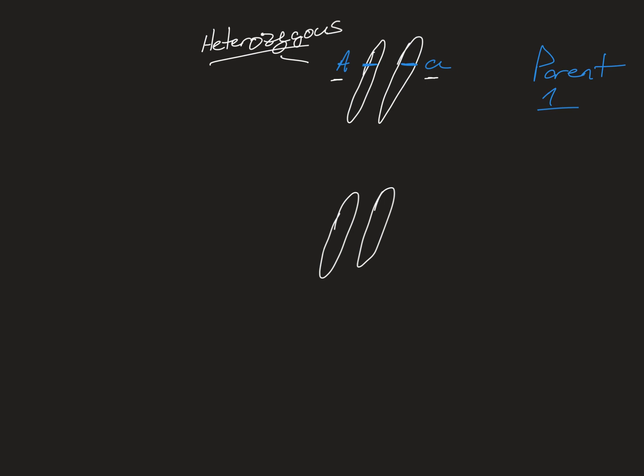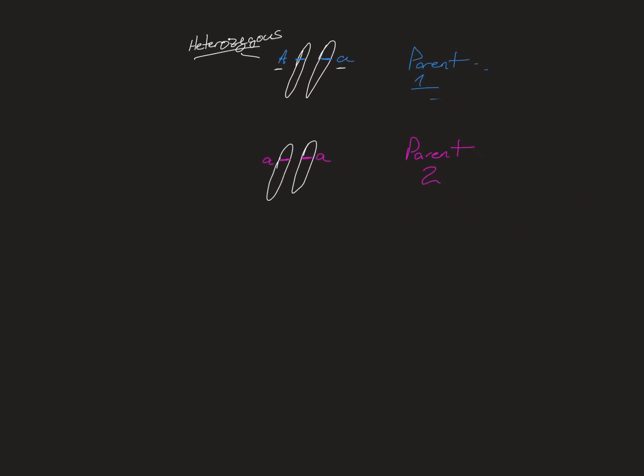Now, if parent 1 is heterozygous, maybe parent 2 could be heterozygous. They could have inherited a big A and a little a from their mom and dad. Or they could have inherited 2 little a's, or they could have inherited 2 big A's. We just don't know.